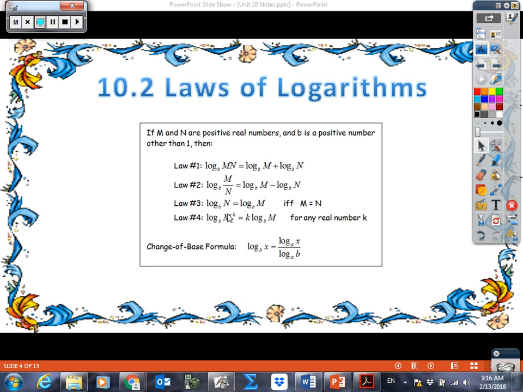Like law 3, we know if we have log base b equals log base b, then we can set our arguments equal to each other and solve. So another basic equation technique. This last law is one where if the argument is taken to a power, then I can take that power and bring it to the front. Okay, so that is another law.